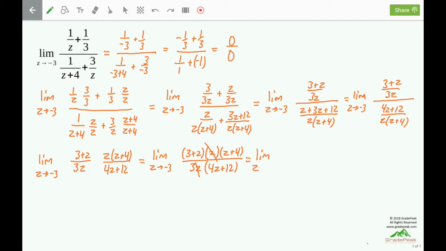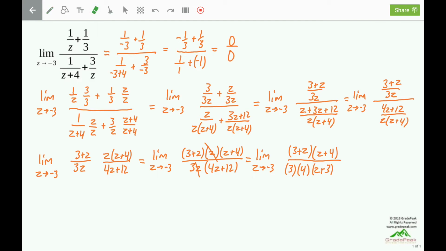So we will have limit as z goes to -3 of (3 plus z) times (z plus 4), divided by a 3 times a 4 that we're factoring out, times (z plus 3) after we factor the 4 out.